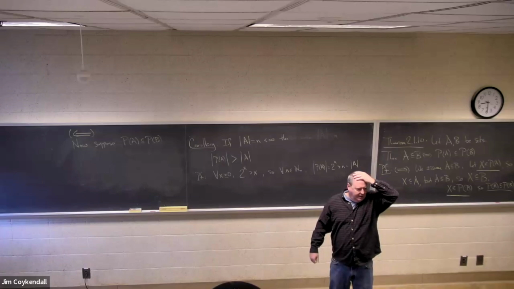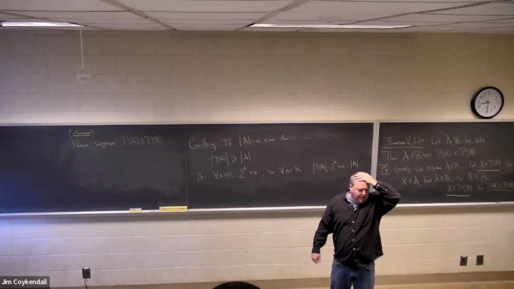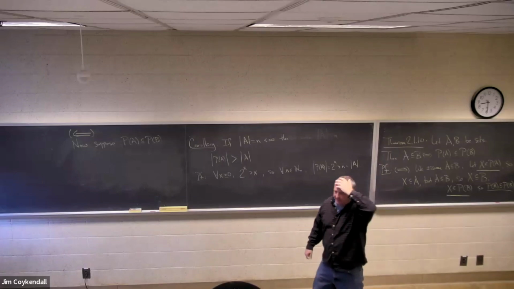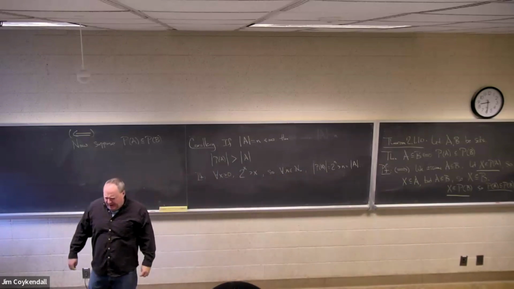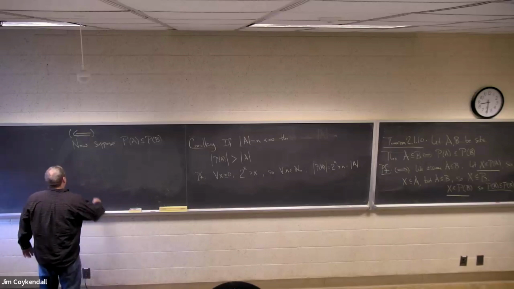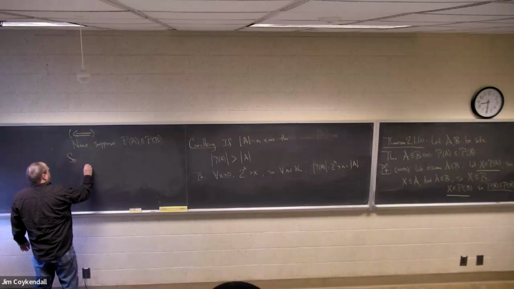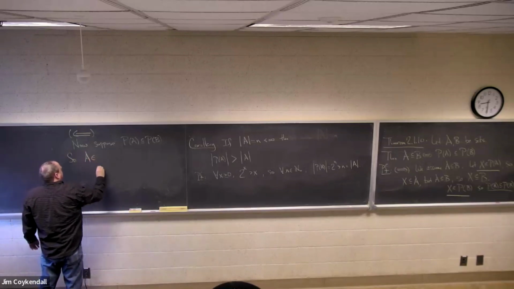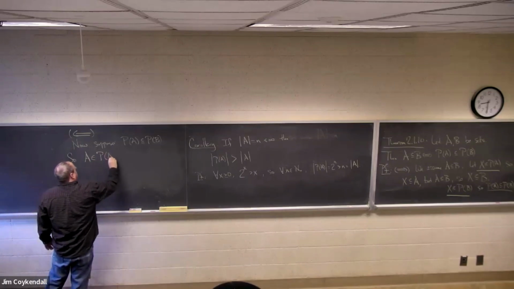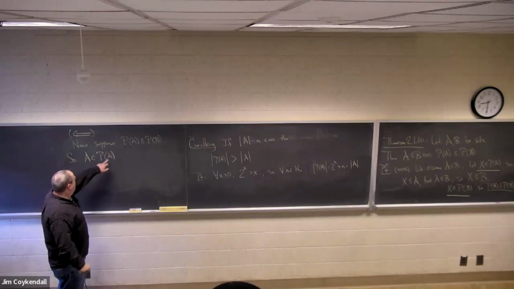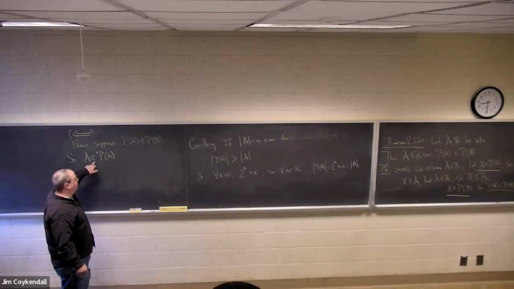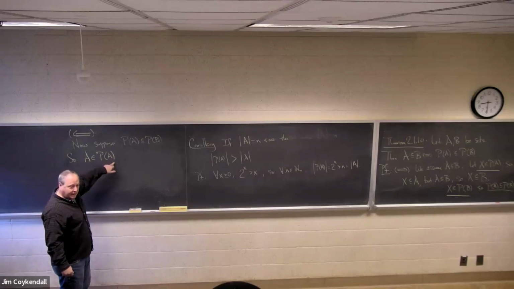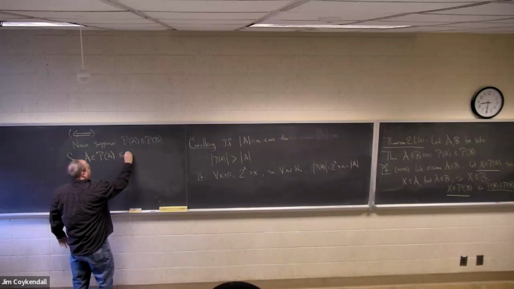Somebody recall for me, what is the power set of A? Set of all subsets of A, right. So notice, one subset of A is A. So would everybody agree that A is certainly in the power set of A, which is in the power set of B?